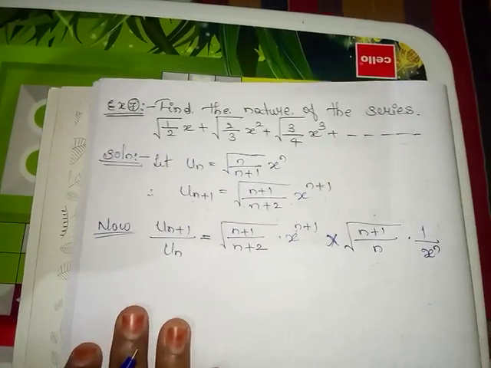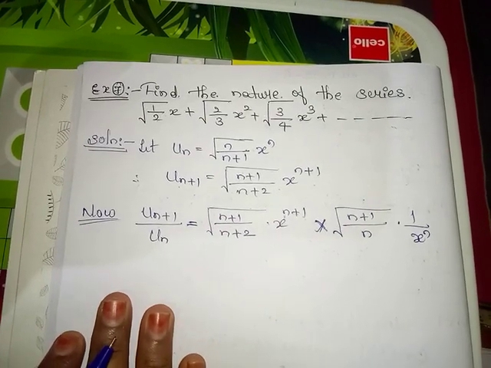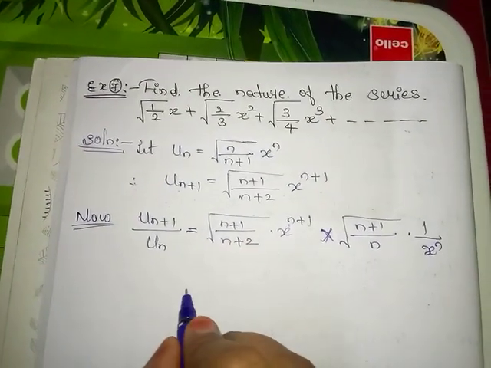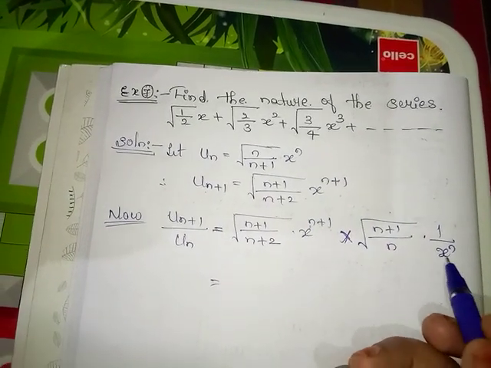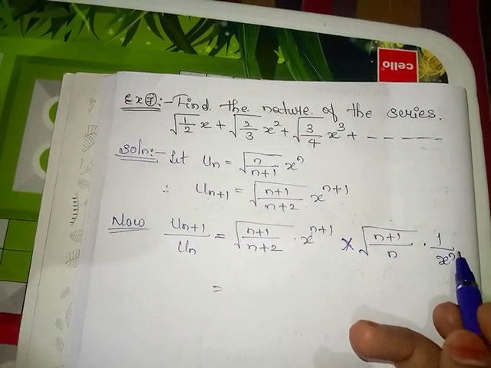This is our un plus 1 divided by un. Solve this one. Here this x raised to n cancels with this x raised to n.